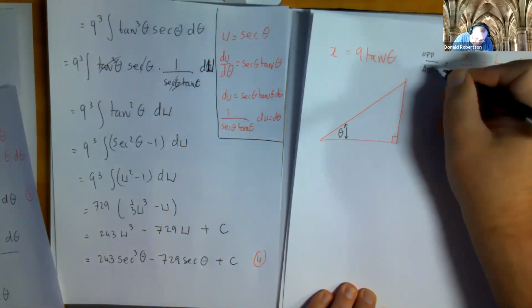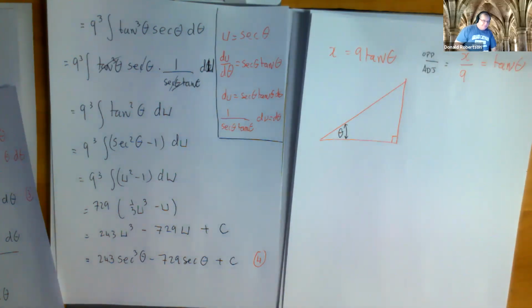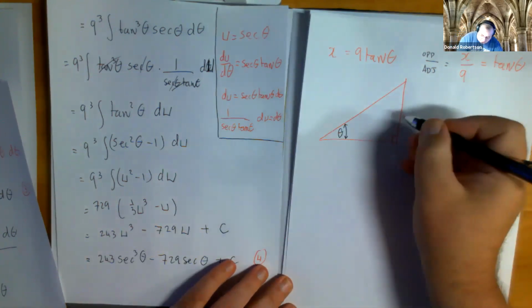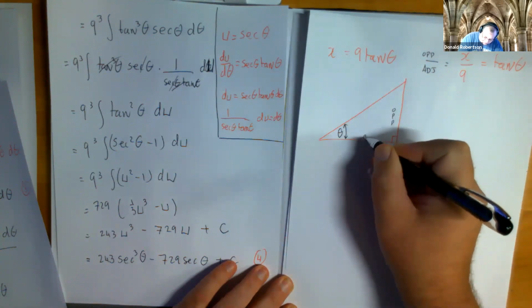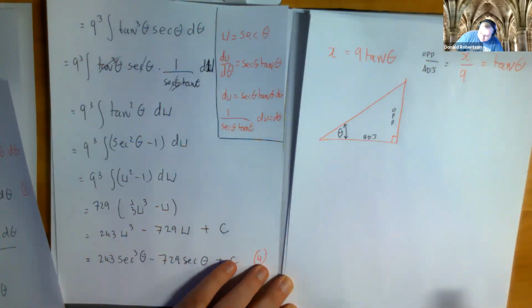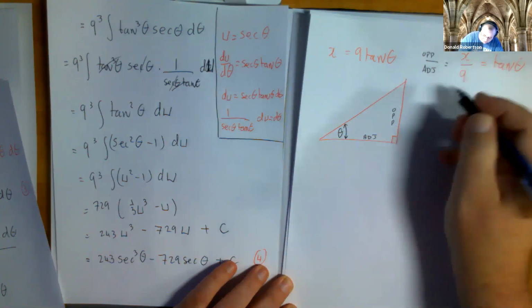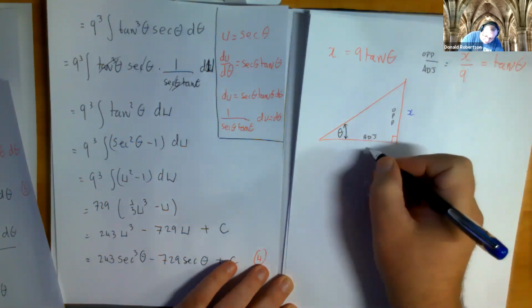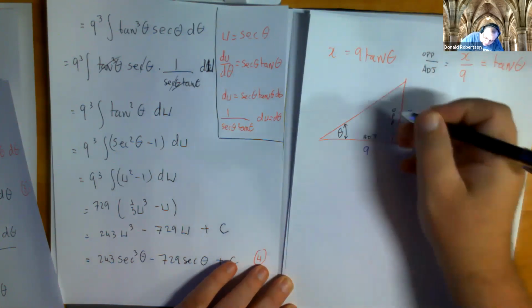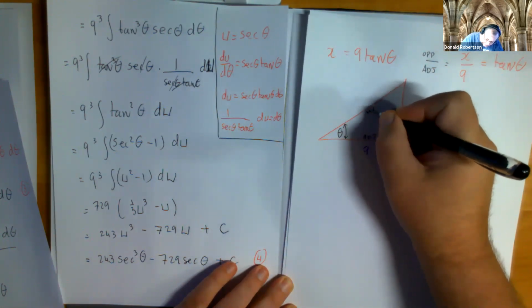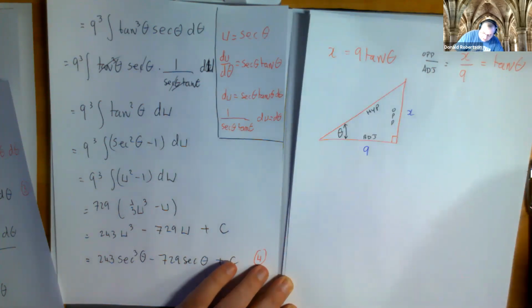So if you thought, yeah, forget about trig, here's a little piece of trig that you need to know, SOHCAHTOA. According to SOHCAHTOA then, opposite over adjacent. Well, the opposite is x, and the adjacent is 9. And the third side, of course, is the hypotenuse.